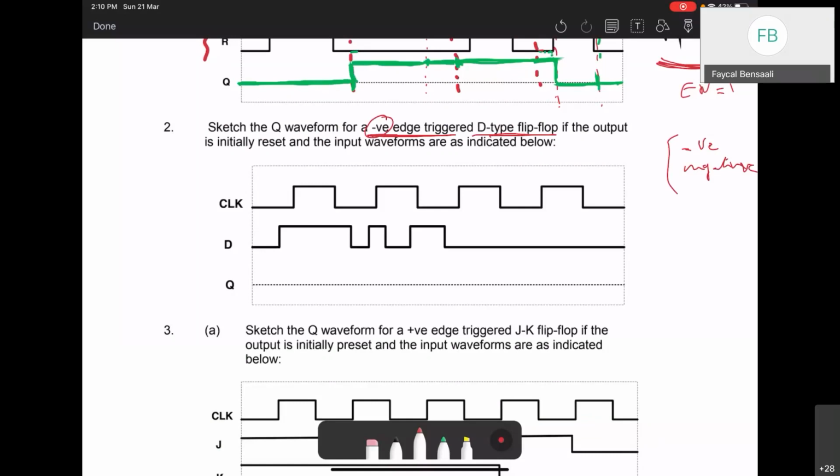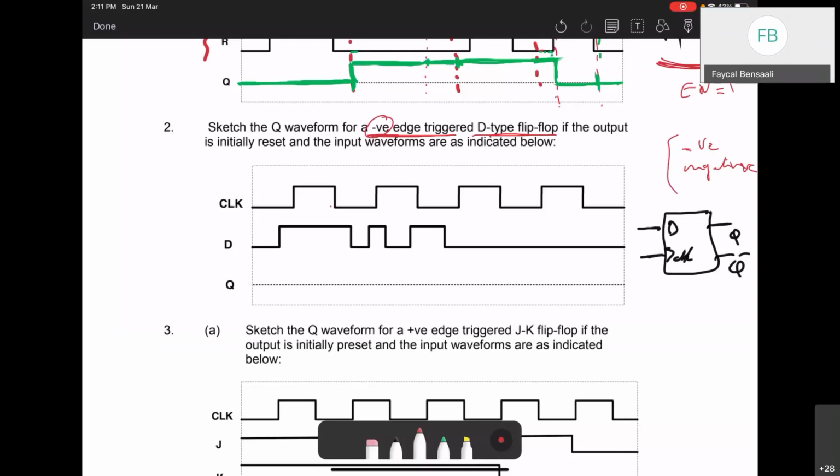And this is a simple D flip-flop. You know what a D flip-flop is. We have D, we have the clock, CLK, and then we have Q and Q bar. For the D flip-flop, it's easier than the previous one.